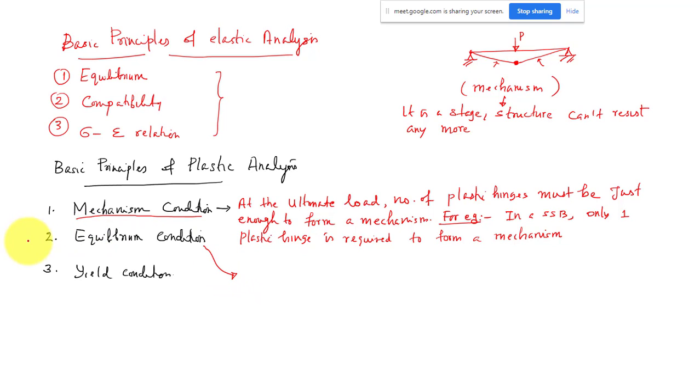It must be satisfied. And second condition is equilibrium. Whether it is plastic or elastic analysis, your equilibrium condition must be satisfied anyway. Your forces, moment, everything must be in equilibrium. At any stage, equilibrium condition must be satisfied. So that is a common condition you can say between the elastic and plastic analysis.